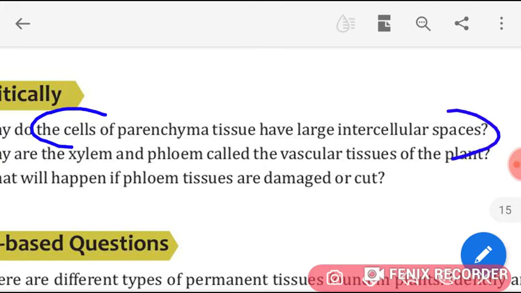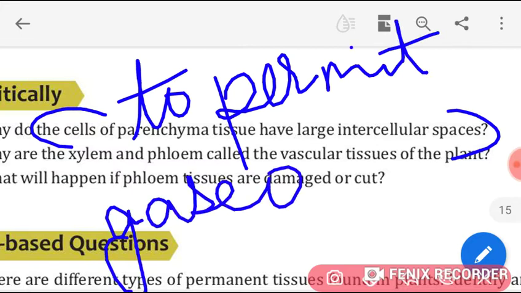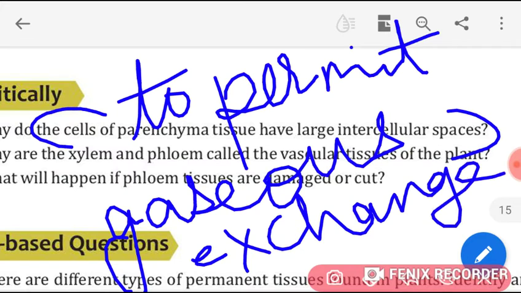Then write to permit, P-E-R-M-I-T, to permit gaseous, G-A-S-E-O-U-S, gaseous exchange, E-X-C-H-A-N-G-E, to permit gaseous exchange.